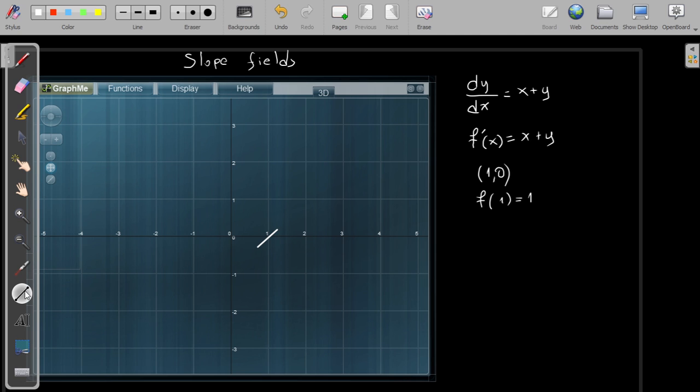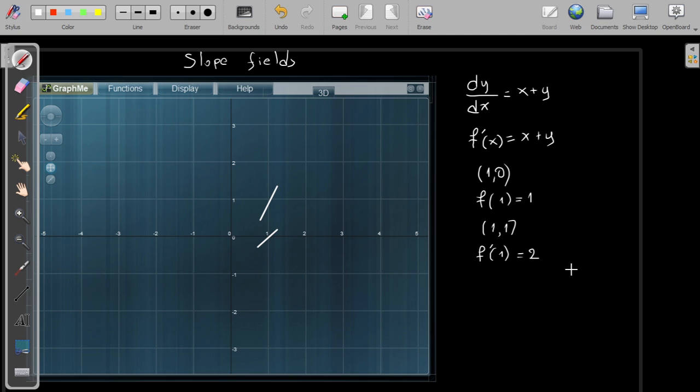Now I'm taking another point. Let's take point (1, 1), so the gradient at (1, 1) is going to be 2. (1, 1) is here, so the gradient should look something like that.